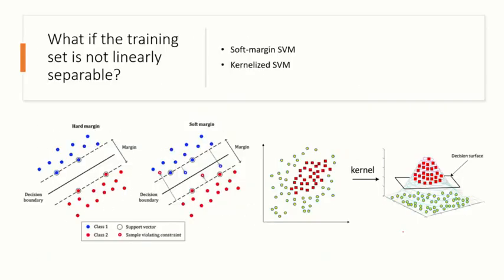So hard margin and soft margin is a way to deal with this misclassification idea.